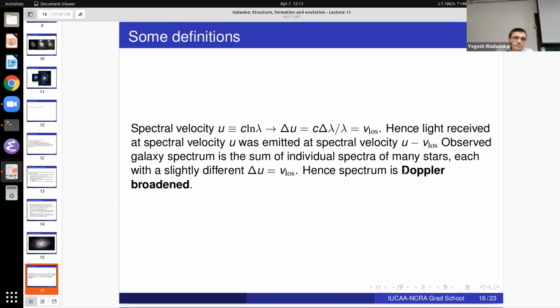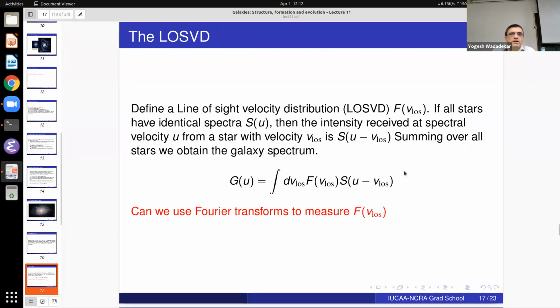So the spectrum is going to be Doppler broadened because of this. Suppose you're looking at exactly one spectral line, because every star you're looking at is emitting or absorbing that spectral line. Because they have slightly different V_LOS, the line is going to get Doppler broadened. You can define the LOSVD, line of sight velocity distribution.